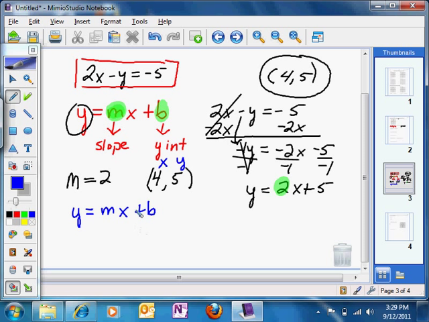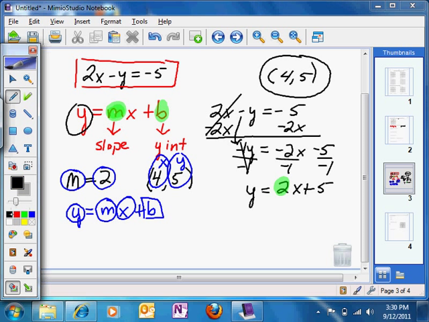Going back to y equals mx plus b, what I need is my y-intercept. I already have the slope of my new line, but I do not have the y-intercept, so I need b. So I'm going to substitute my y, my x, and my m, 2, and then I'm going to be left with b, and I can solve for b. Let's look at how this works.